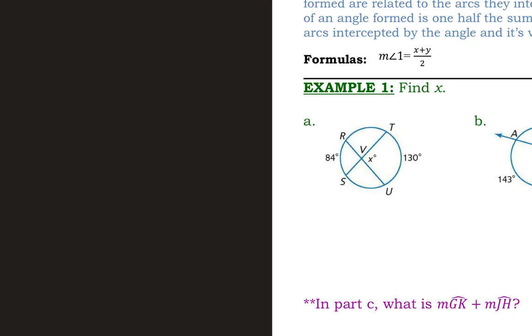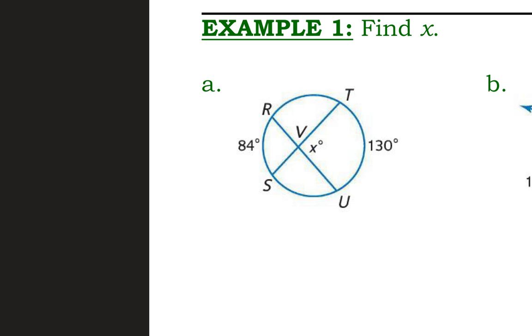So the first one is straightforward. You're looking for the angle inside, so you look for the arc that intercepts it, which is which one? The 130. And what arc is opposite on the side of 130? 84.